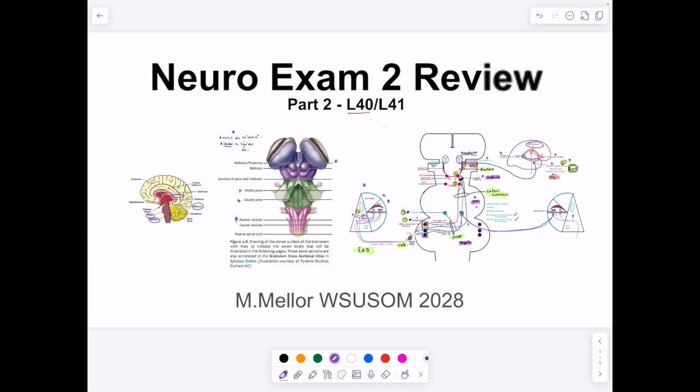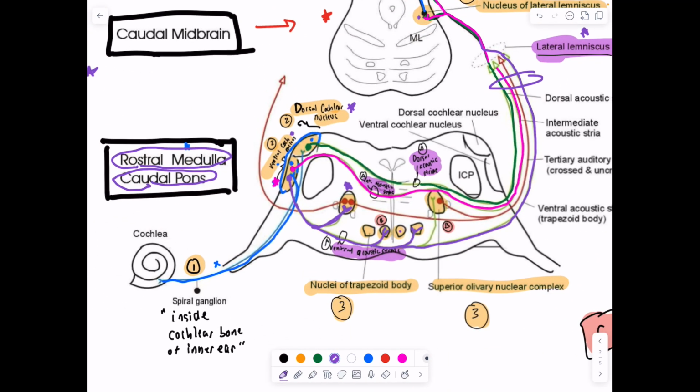Okay, so once you've gotten that information or the synapse, the superior olivary complex is going to go ahead and send up an axon ipsilaterally, and it will join the ascending pathway ipsilaterally. Or what it will also do is send an axon contralaterally, and it will join the lateral lemniscus.